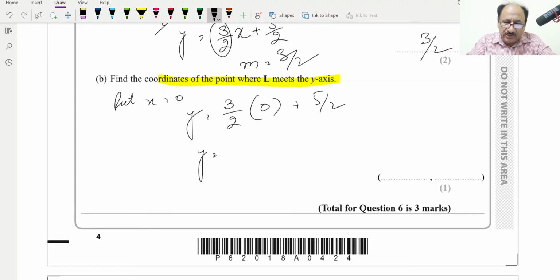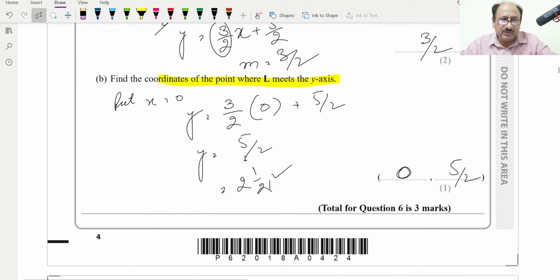With x replaced by 0, this portion will be 0, so y is 5 by 2. So x is 0 and y is 5 by 2, these will be the coordinates. Even 5 by 2 you can write as 2.5 or 2 whole 1 by 2 also. So this is basically the answer.